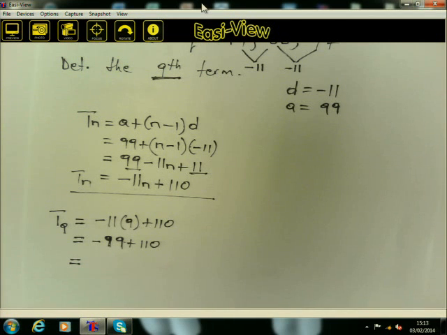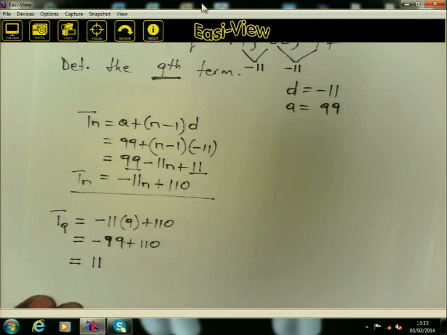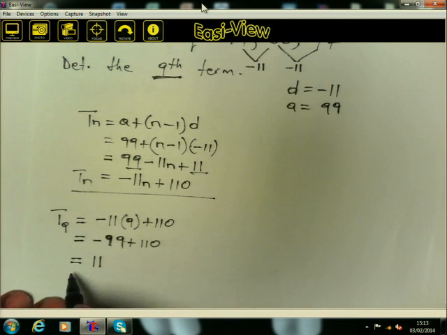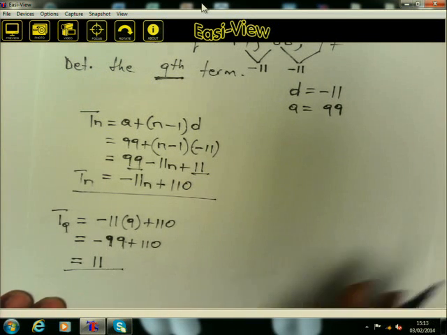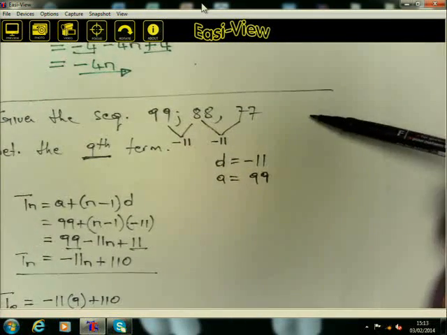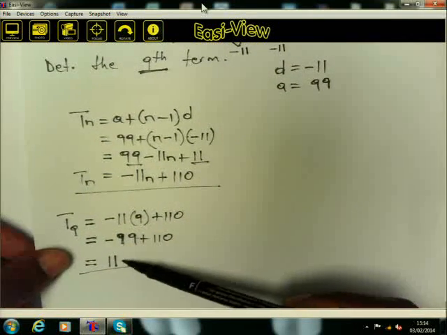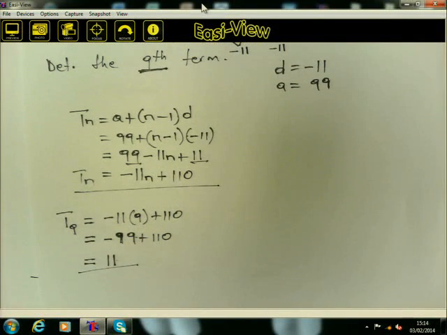So this is 1, and that one will also give us 1, which means that will be positive 11. That is, positive 11 is term number 9. Meaning that as you continue here, term number 9 is going to be equal to 11. That's how we get that one.